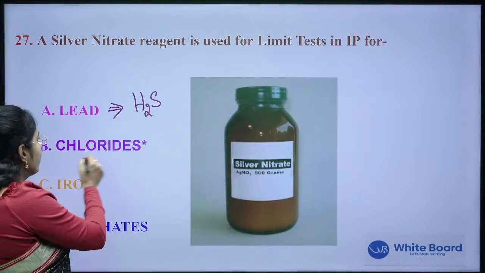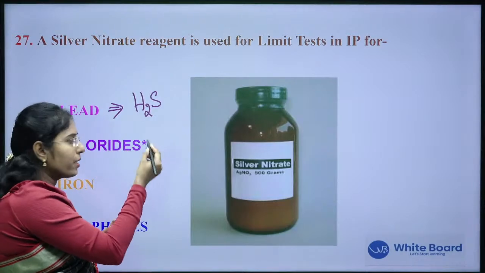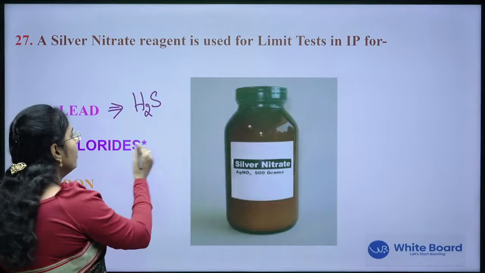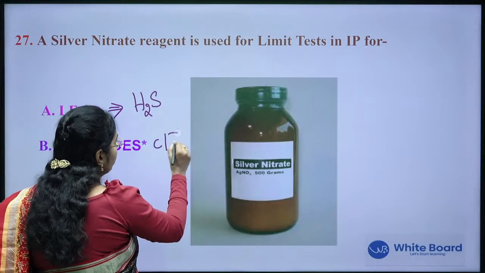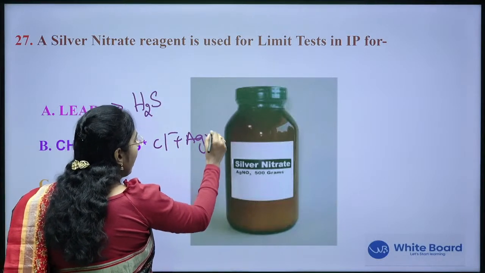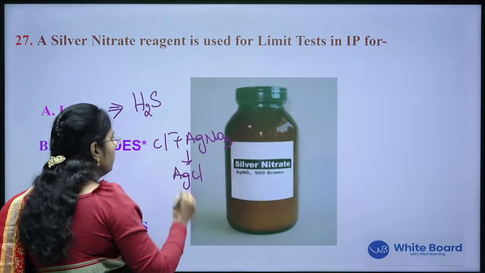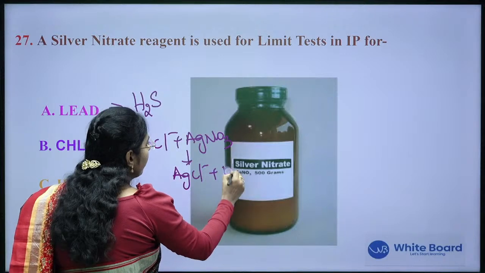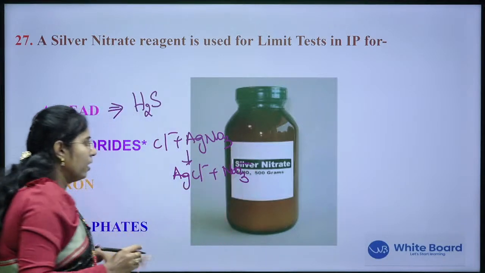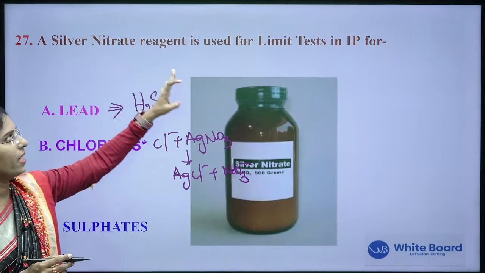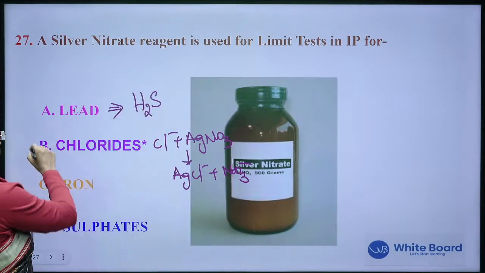Whereas chlorides, if any chloride impurities are present in the sample, then they will react with the silver nitrate and give a silver chloride precipitate. Therefore, the correct answer is: silver nitrate reagent is used for limit tests of chlorides.